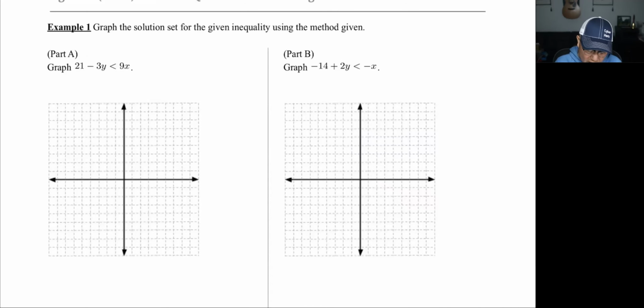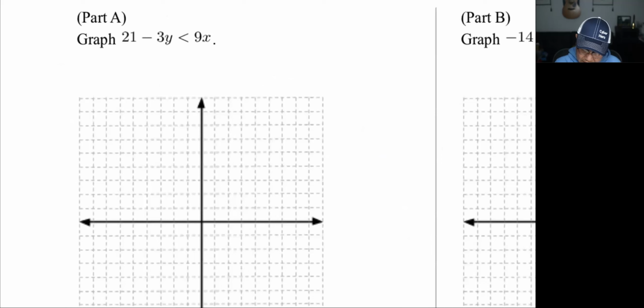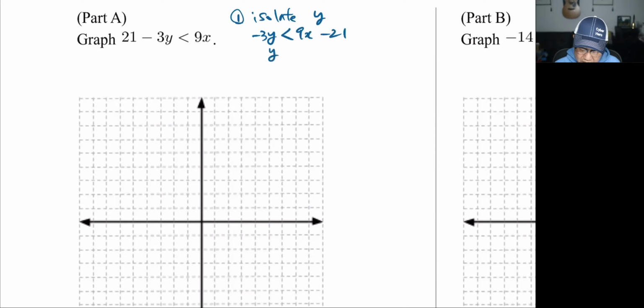Let's do it. I'm going to do a little bit quicker, if you don't mind. So here we're going to solve for y again. First, step number 1. Isolate y. So when you do that, move the 21 to the other side. Negative 3y less than 9x minus 21. We're going to divide by negative 3, which gives me negative 3x plus 7.